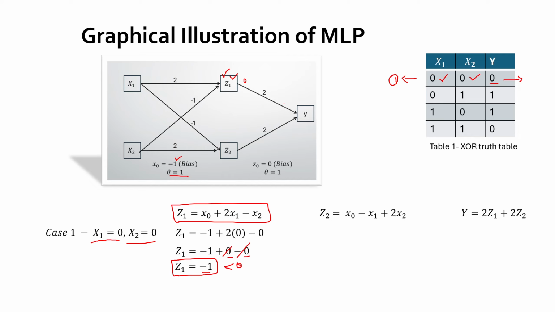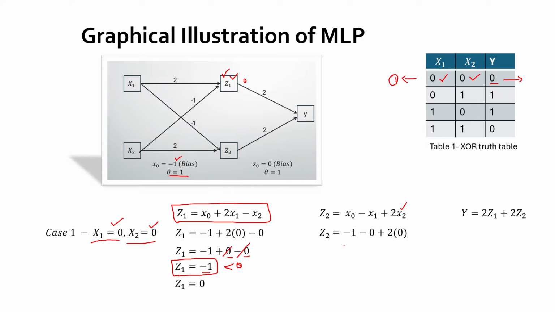That will then be passed to y. Similarly at z2, while calculating the weighted summation, when we put the values of x1, x2 and x0, where x0 is the bias -1, it is -1 minus x1, which is 0, plus 2 of x2, and x2 is also 0.